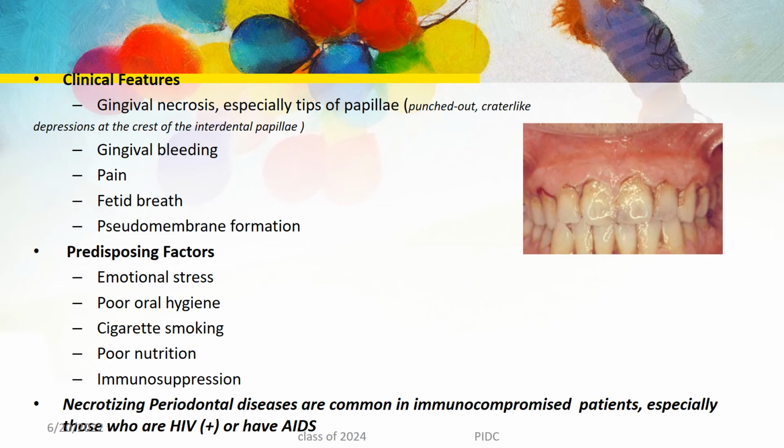Predisposing factors such as emotional stress, poor oral hygiene, cigarette smoking, poor nutrition, and immunosuppression. Necrotizing periodontal diseases are common in immunocompromised patients, especially those who are HIV positive or have acquired immunodeficiency syndrome.